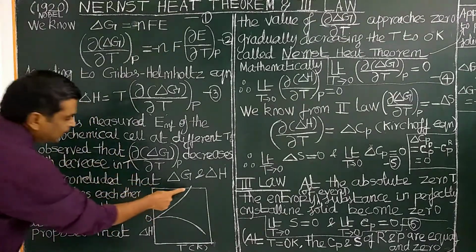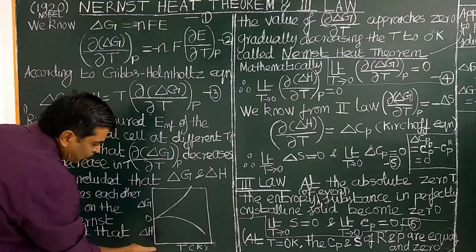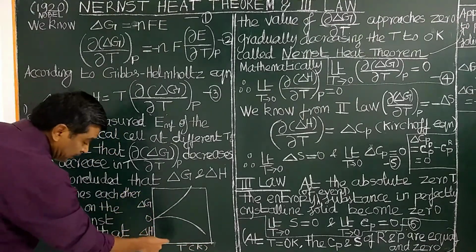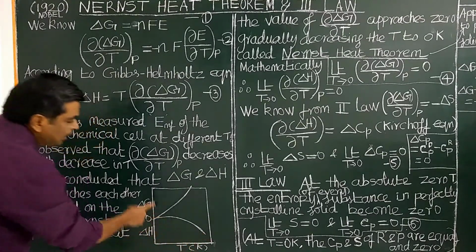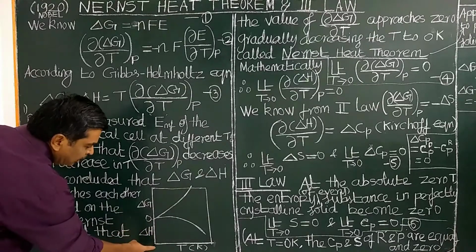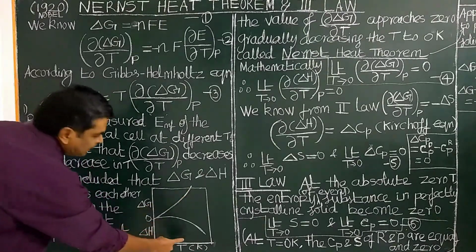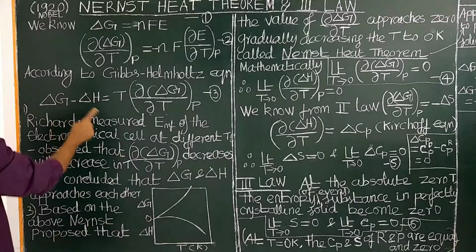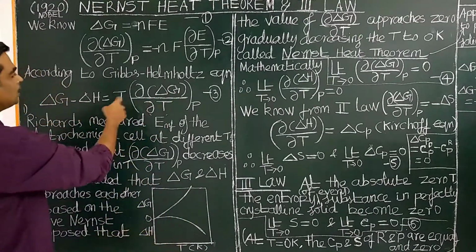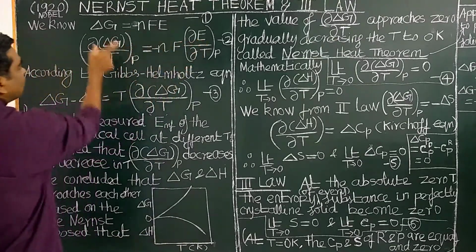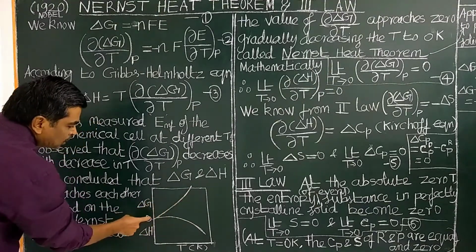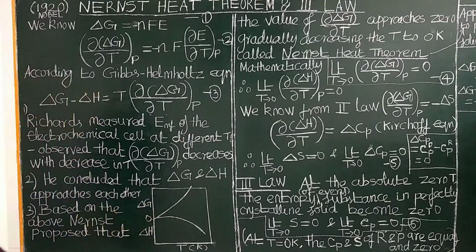This is shown graphically. On the x-axis is temperature in Kelvin, and on the y-axis are delta G and delta H, down to absolute 0 Kelvin. At high temperature, delta G minus delta H is appreciable, but with the decrease in temperature it decreases, approaching 0.